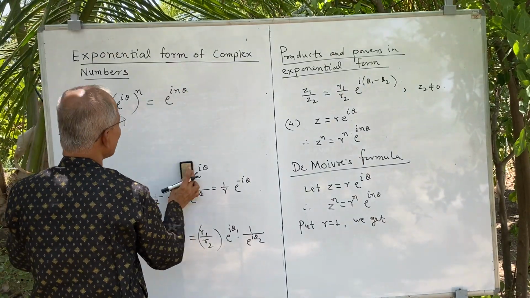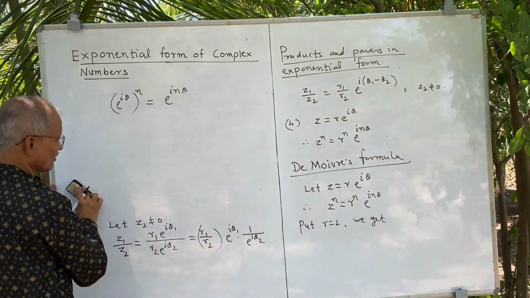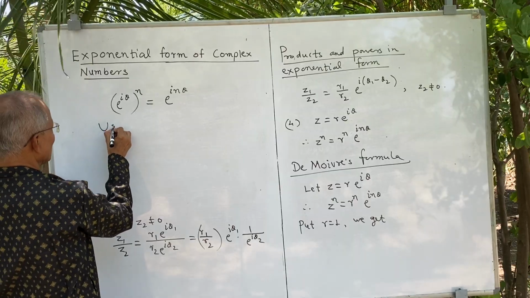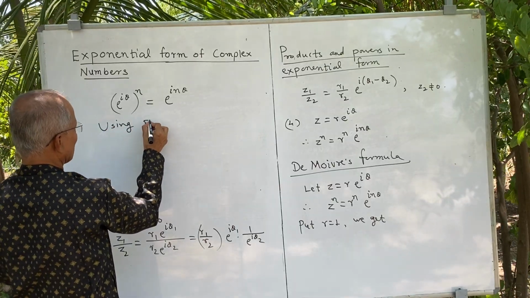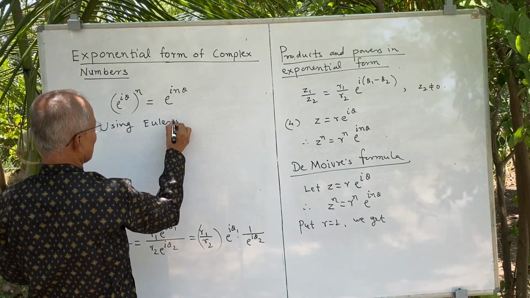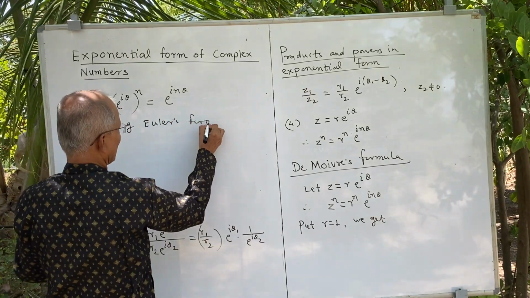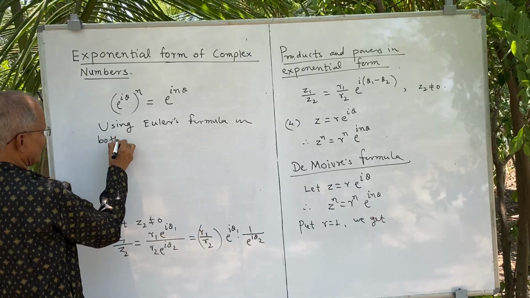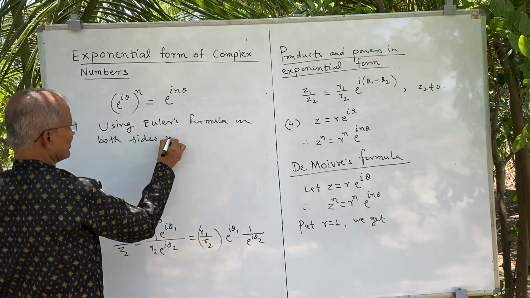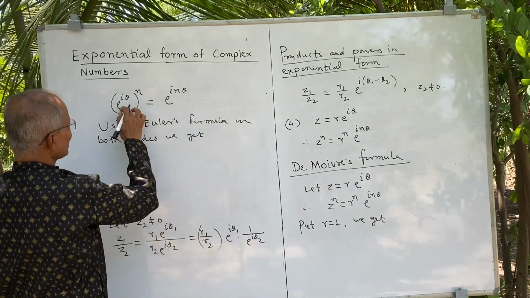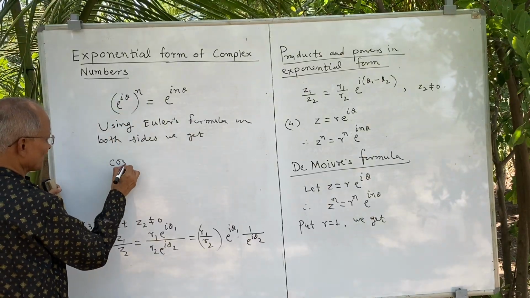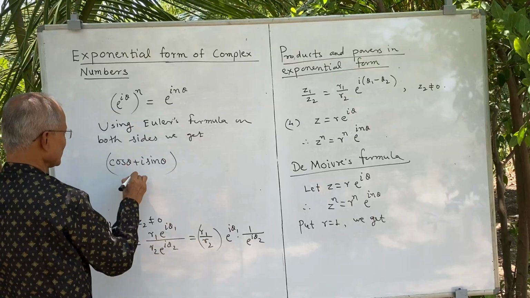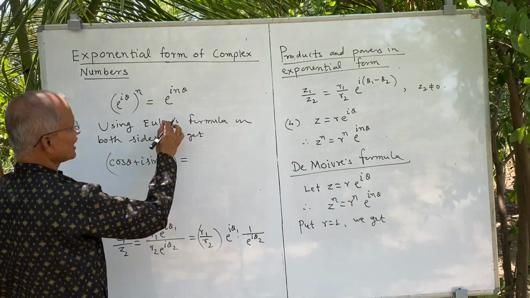Now we apply Euler's formula on both sides. What is e power i theta by Euler's formula? It is cos theta plus i sin theta whole raised to n, and what is the right side?